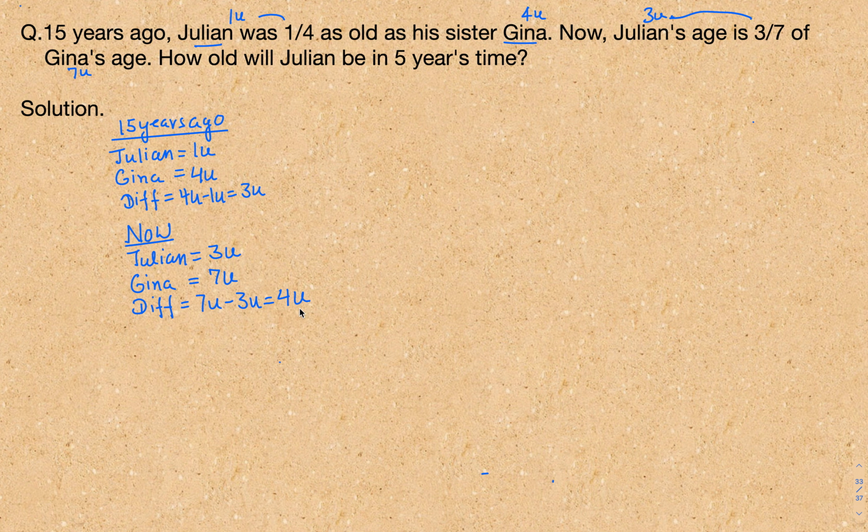So how do we make these two, 3 and 4, the same? We can't make them the same directly, but we have to find the least common multiple of 3 and 4 so that we can make the difference equal to that number. So first we have to find the least common multiple. We have done this in primary 4. So let's find out quickly.